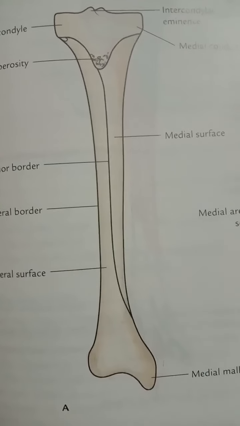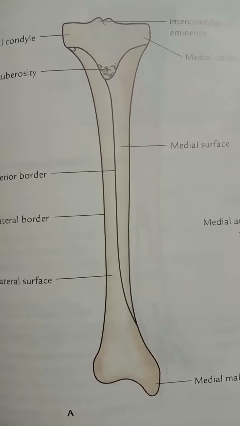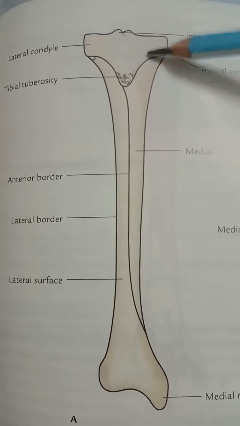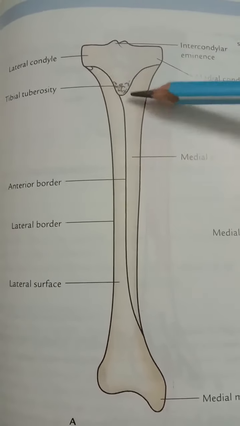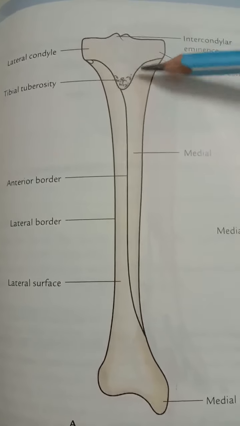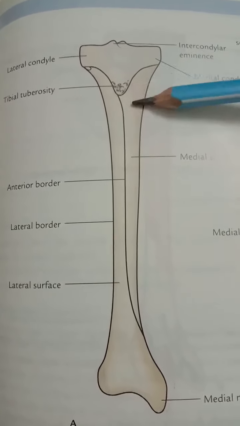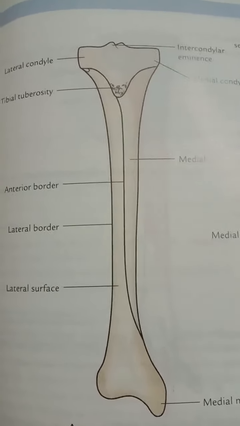After then, let's see the clinical application related with the tibia. The first clinical point: the upper end of the tibia is the commonest site of osteomyelitis, and the knee joint remains safe because the capsule is attached near the articular margin of the tibia, proximal to the epiphyseal line.